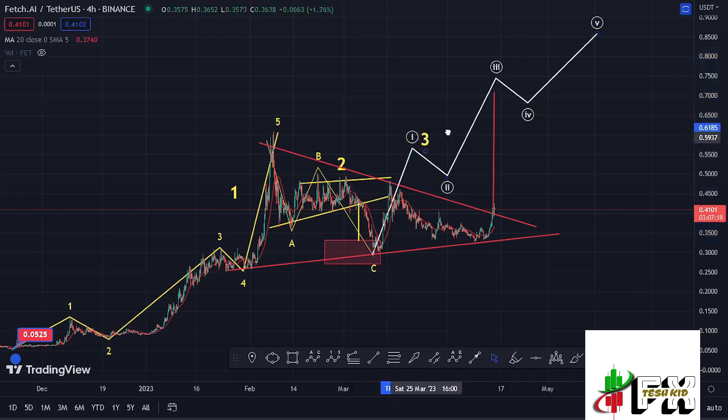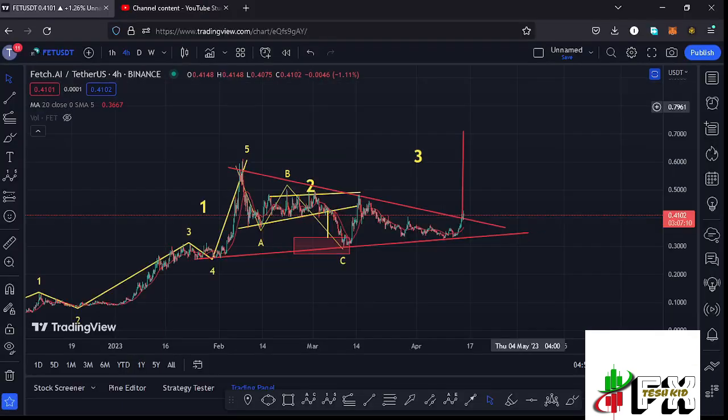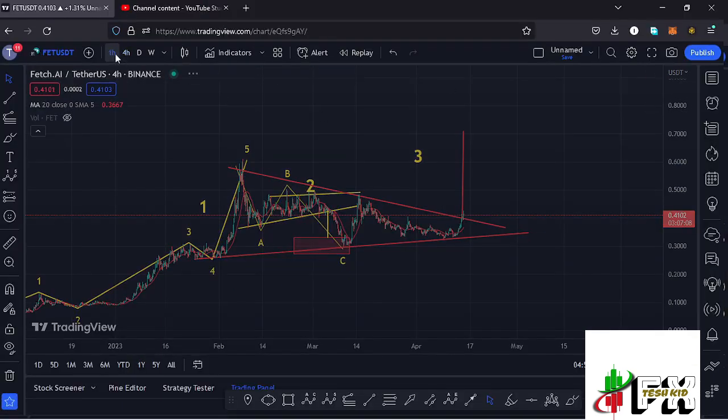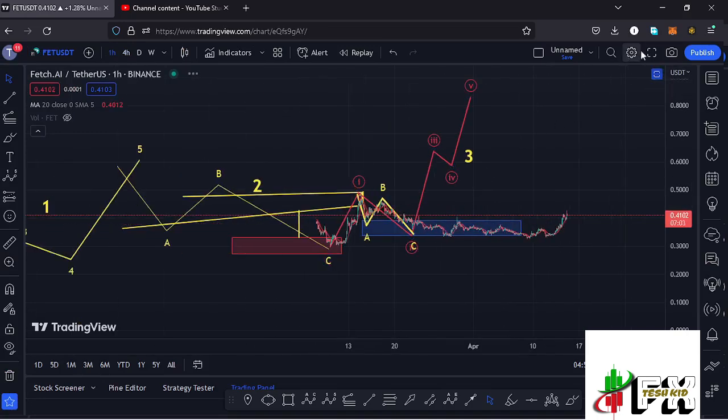And it is this micro Elliott wave count within the formation of that wave 3 that is going to give me the short-term scenarios. And I believe that is better seen here on the 1-hour chart. So jumping to the 1-hour chart for further analysis and to give you the short-term scenarios.